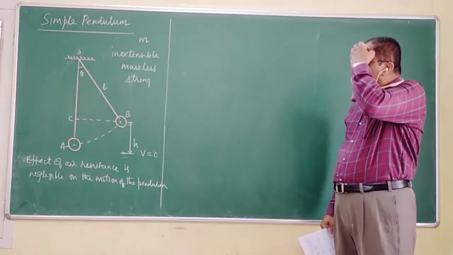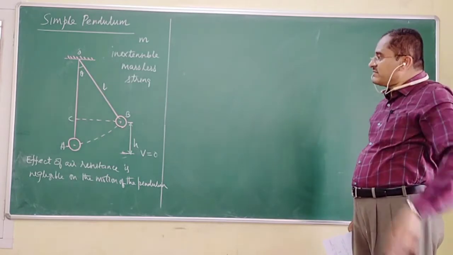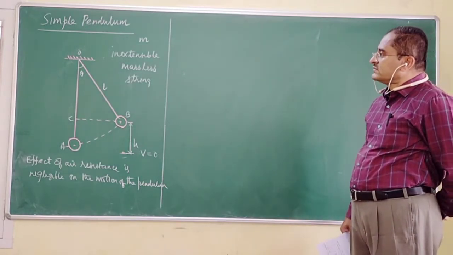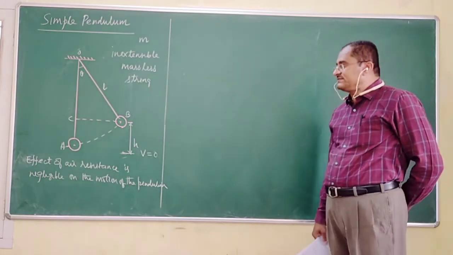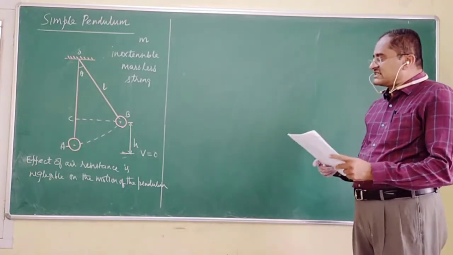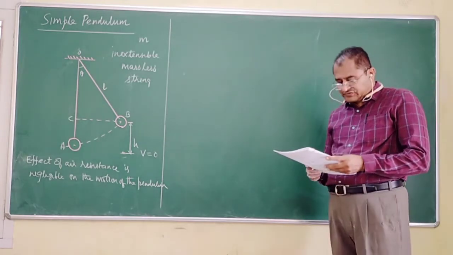We are considering a metal bob. The mass of the metal bob is m. It is suspended using an inextensible massless string of length L. The effect of air resistance is negligible on the motion of this pendulum.